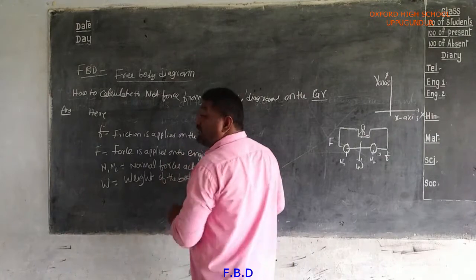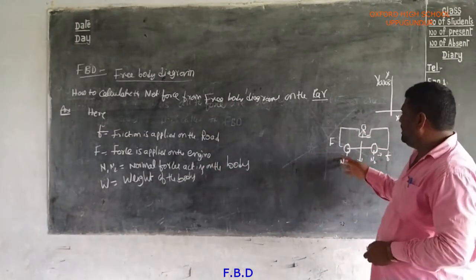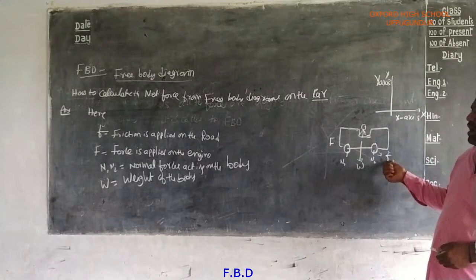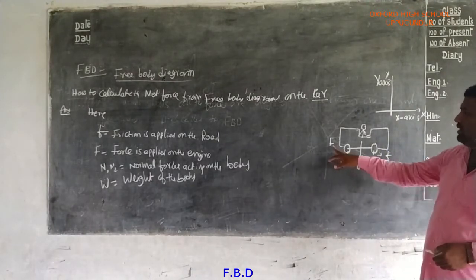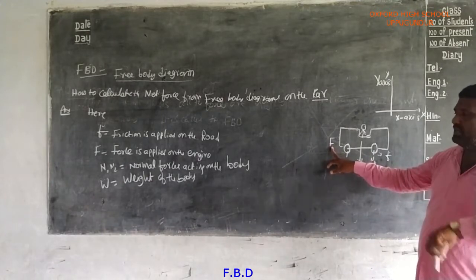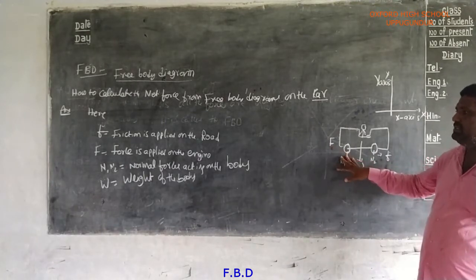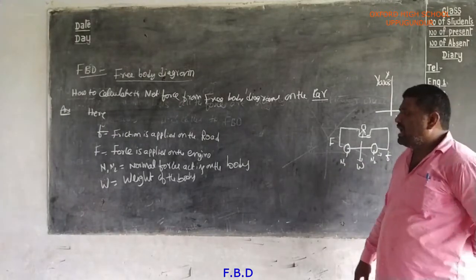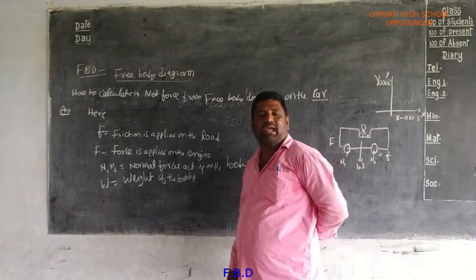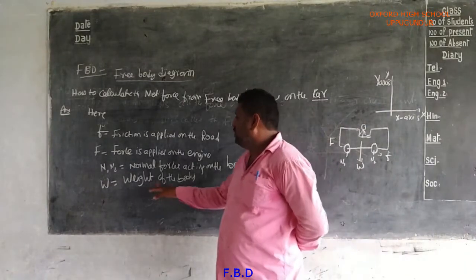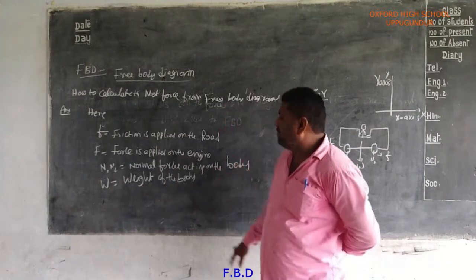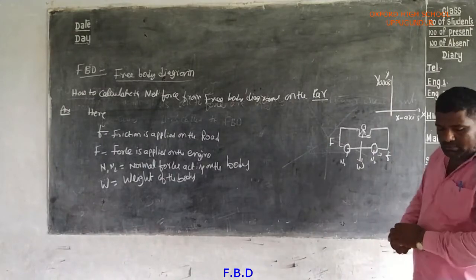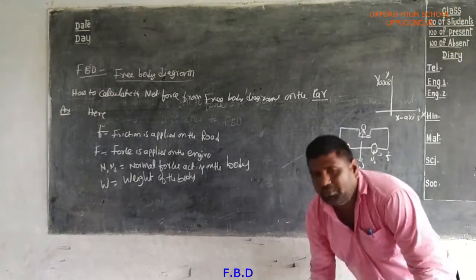These are the terms in this picture. Small f is equal to friction applied on the road. Capital F is equal to force applied on the engine. N1 and N2 are the normal forces acting on the body. W is equal to the weight of the body.